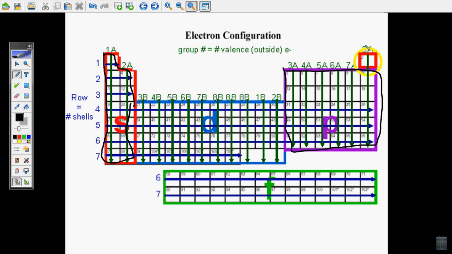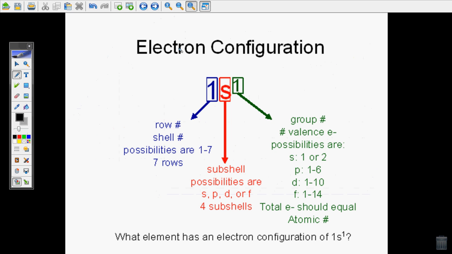And notice that helium is still in the s block. Then we've got the d block and the f block. So when you're writing your electron configuration, this first number indicates the row or the period that it's in. The s is your subshell. You can have s, p, d, or f. And then this last little superscript tells you the number of electrons in that subshell.